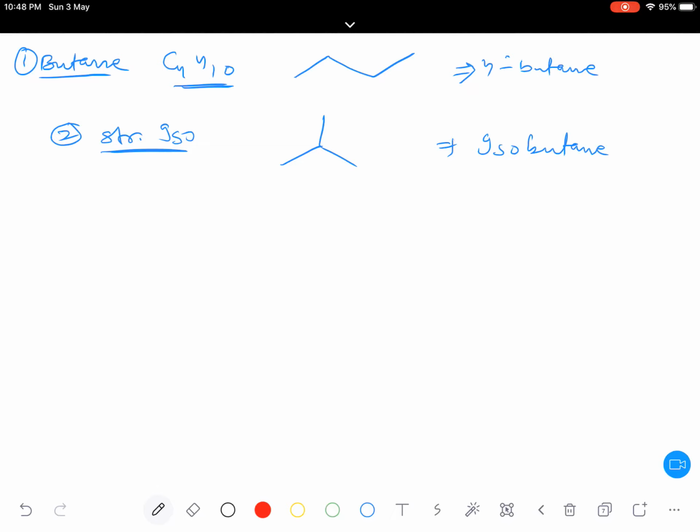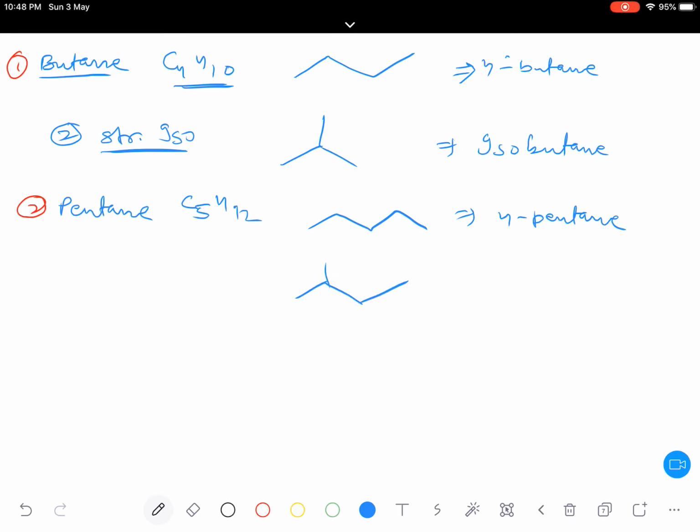I started with butane, second let's take pentane here, C5H12, right? So I will try to write the number of different isomers. First one is N-pentane. Second one, I'm just trying to write chain isomers, not the position ones.